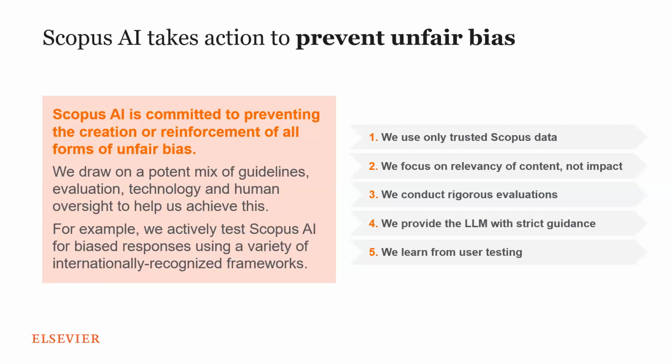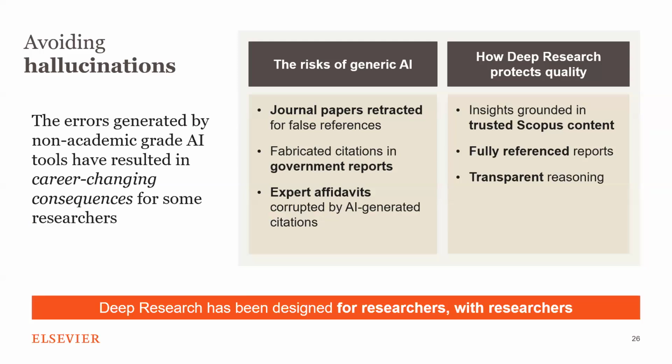So all responses are checked against these bias regulations that we have in place. Avoiding hallucinations is, of course, also a high priority for us. This is really done by controlled prompt engineering that underlies Scopus AI. It's very strict: Scopus AI can only respond to a query based on Scopus literature.